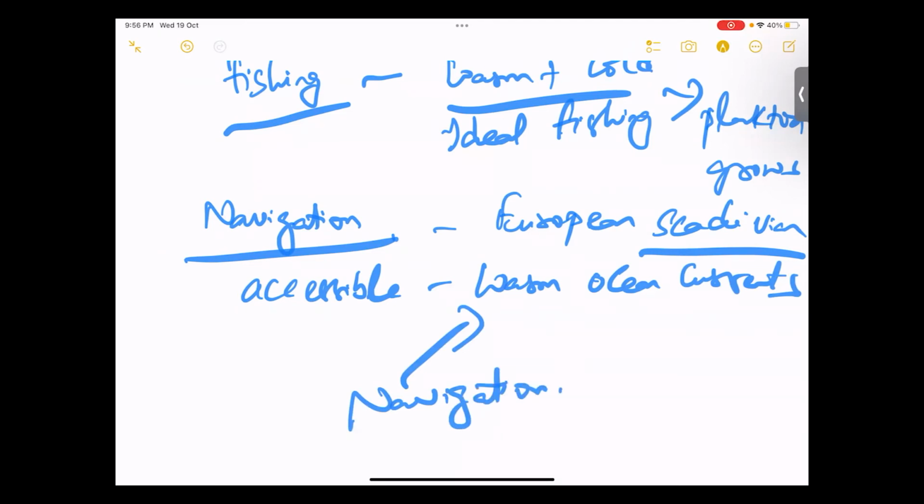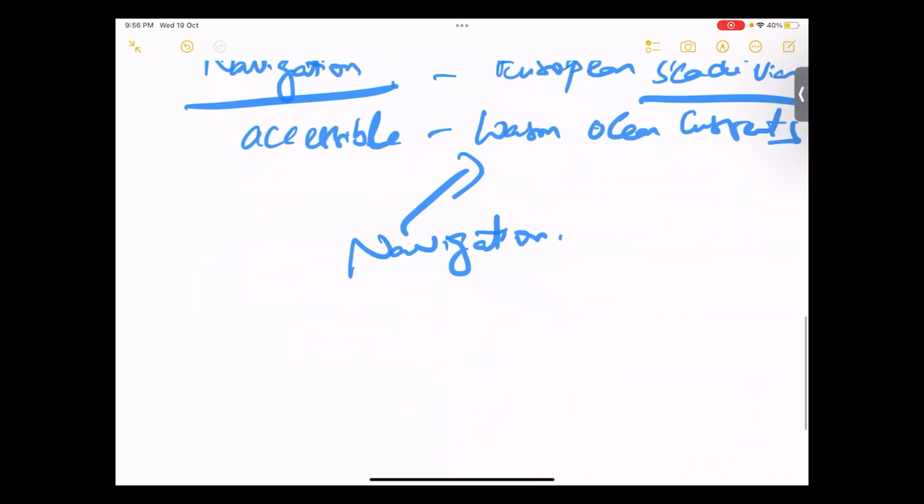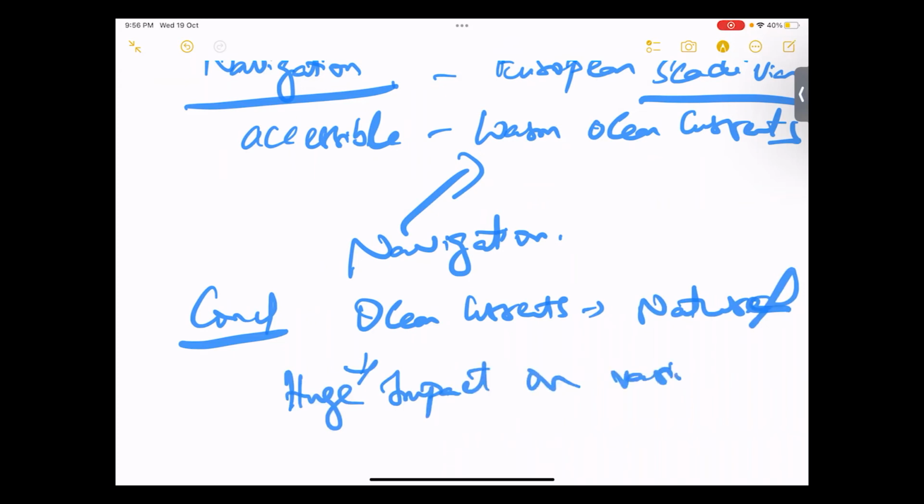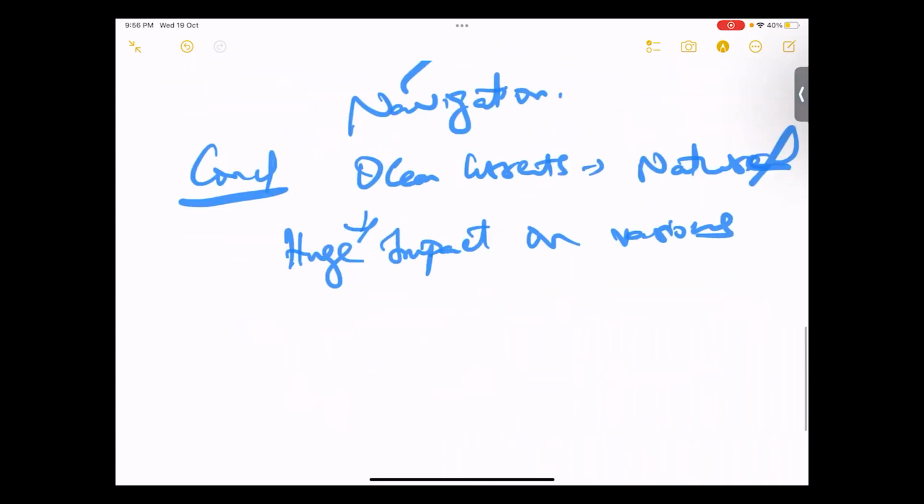So basically, conclude by saying that ocean currents are a natural phenomenon which have a huge impact on various aspects of climate and trade.